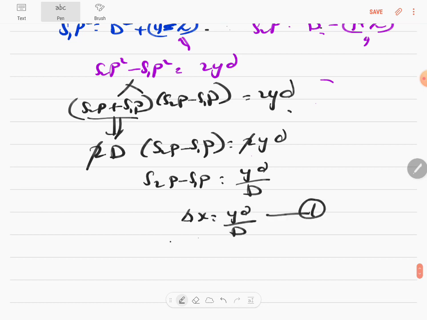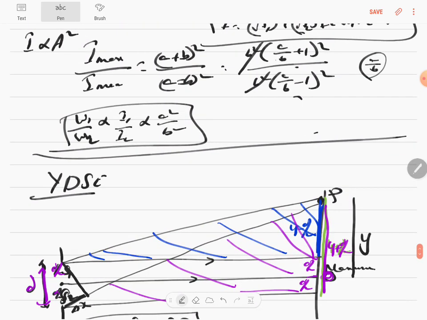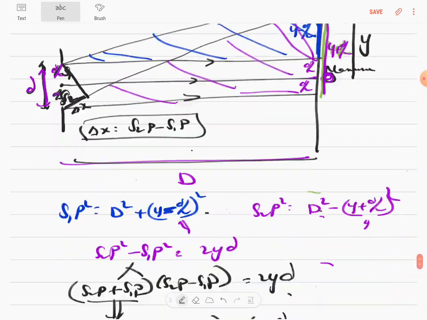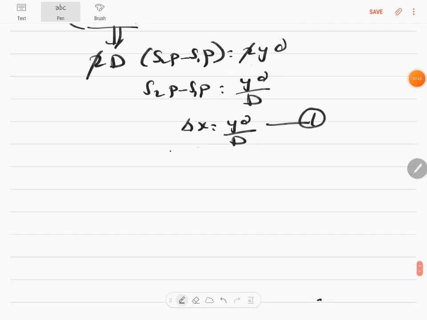This is the first part. The next part, you have to remember this. We already know the condition.